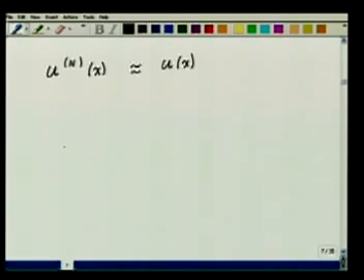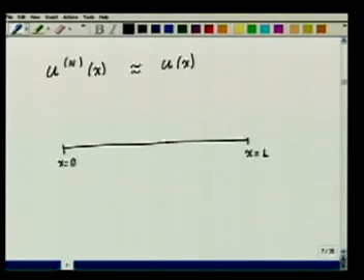What we will do first is, let's take the domain with the point x equal to 0 as one extremity, x equal to L as another extremity. And in this domain, we are going to add additional points. Let's say we have added in this case 4 more points.